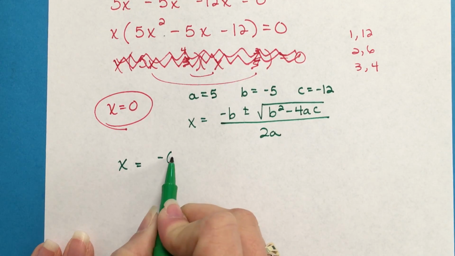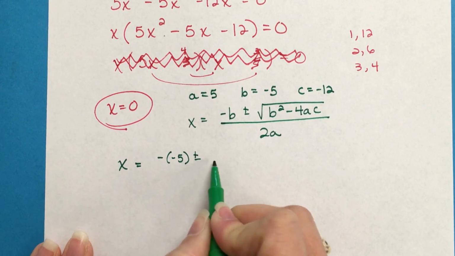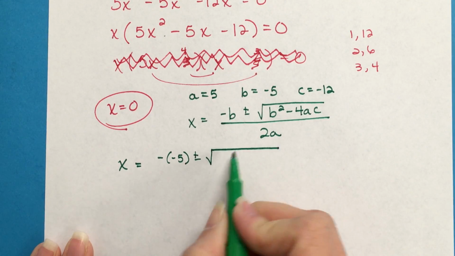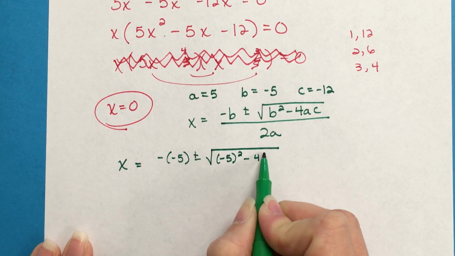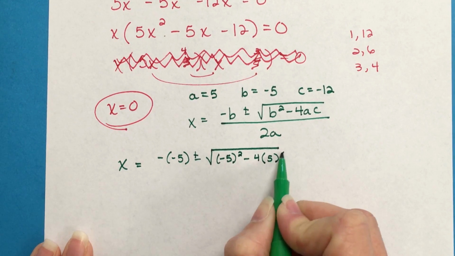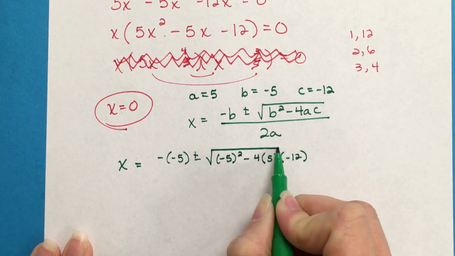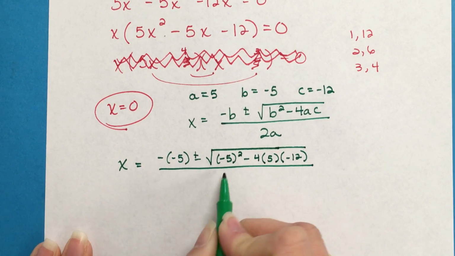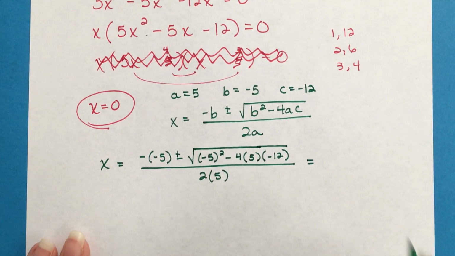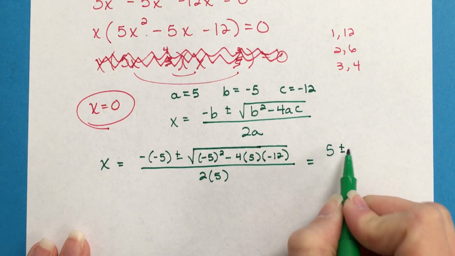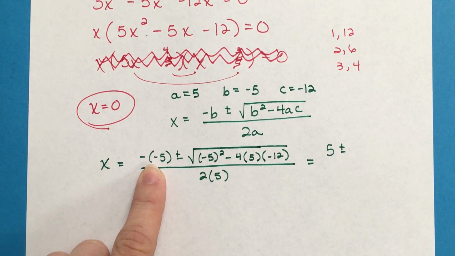So we would have -5 plus or minus the square root of -5 squared minus 4 times 5 times -12, and this is all divided by 2 times 5. Okay, so of course this would change to a +5.